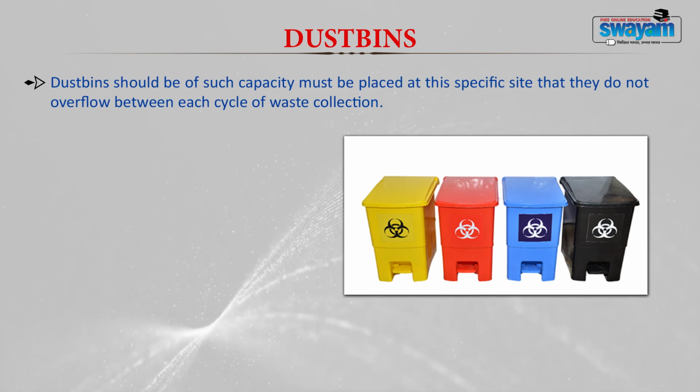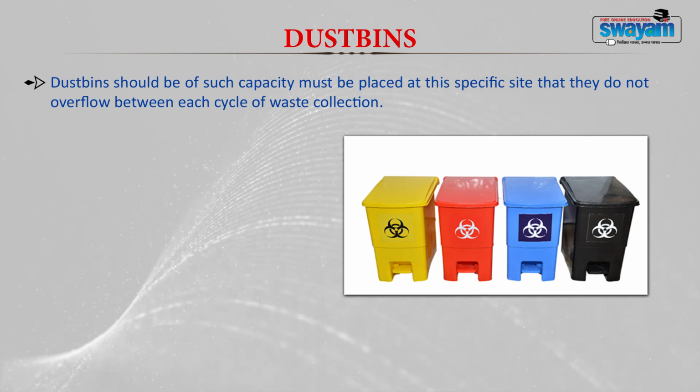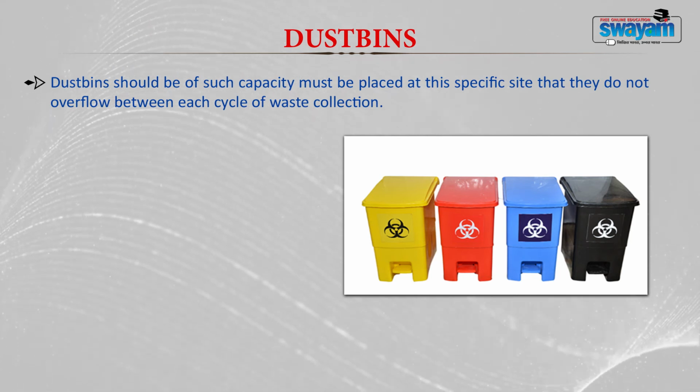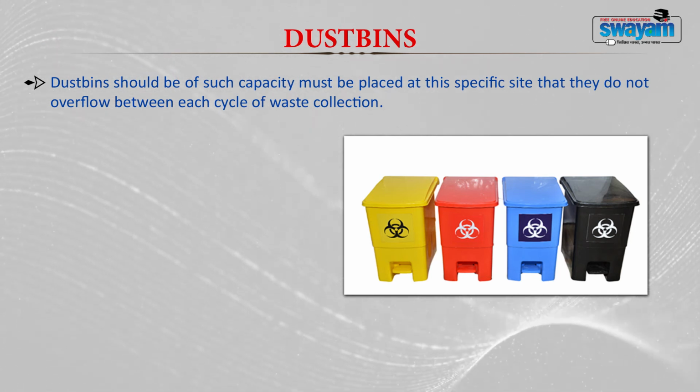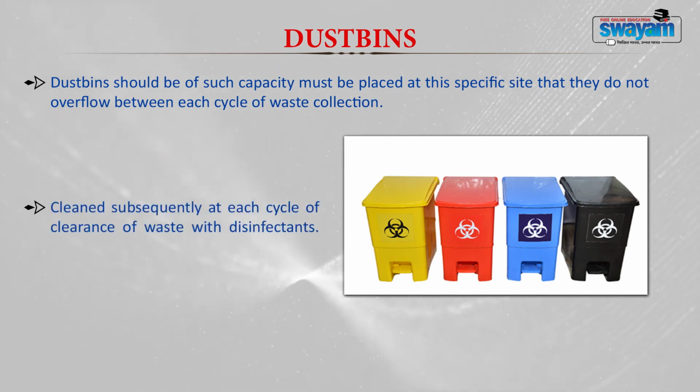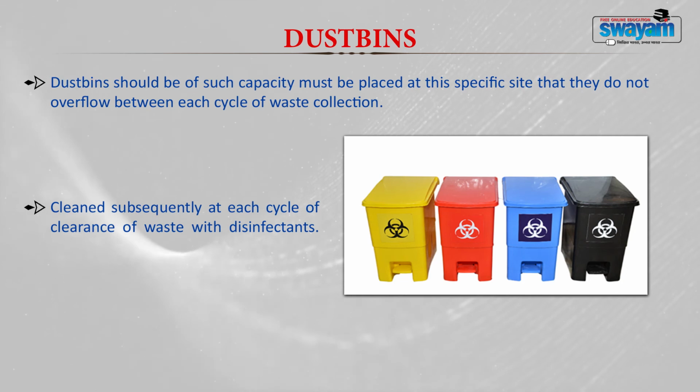The next one is your dustbins. Now, the dustbins should be of such capacity that they can be placed at a specific site and serve the purpose. You should take care that they do not overflow. Again, they should be cleaned after every cycle, every time clearance is done, with disinfectant, to avoid unnecessary spread of diseases.